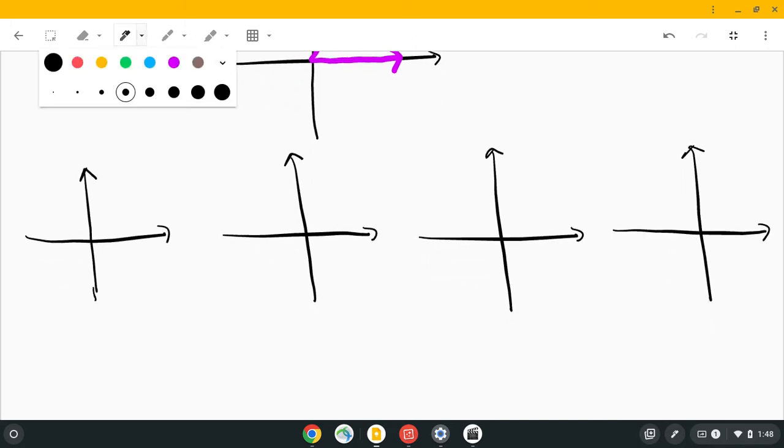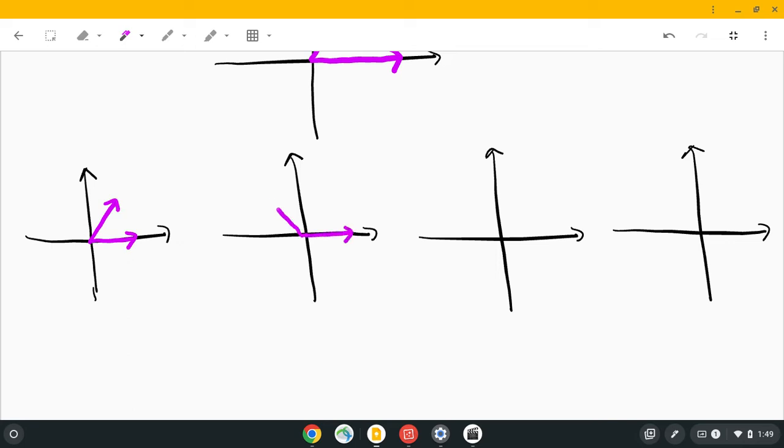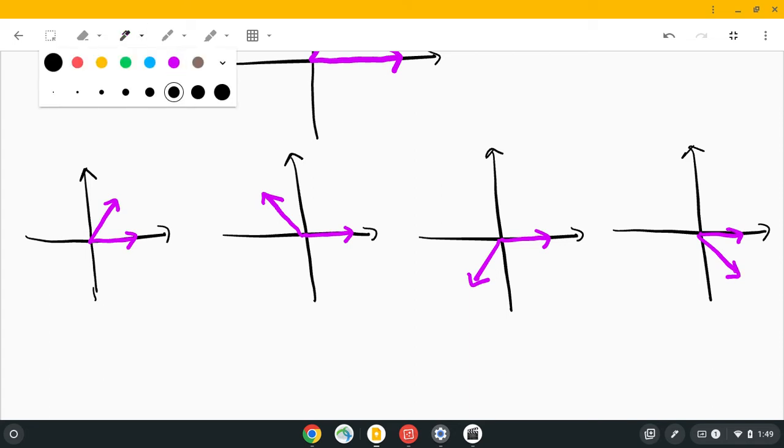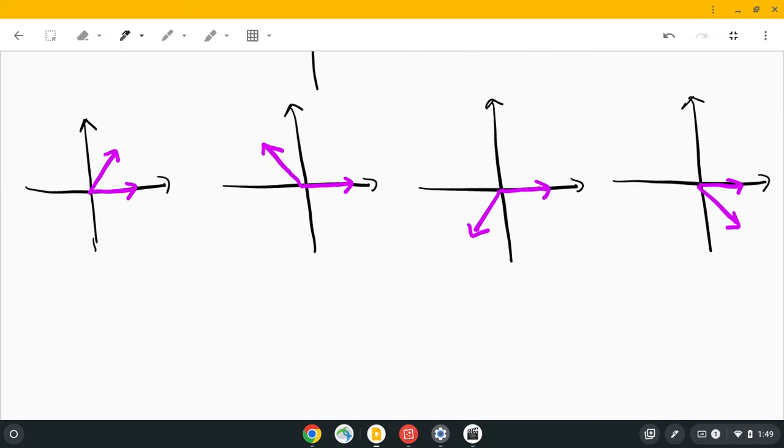Okay, so if I have an angle, the terminal side there, this one will have terminal side there, and this one will have terminal side in quadrant 3, and this one will have terminal side in quadrant 4. Then we say that theta lies in that particular quadrant.